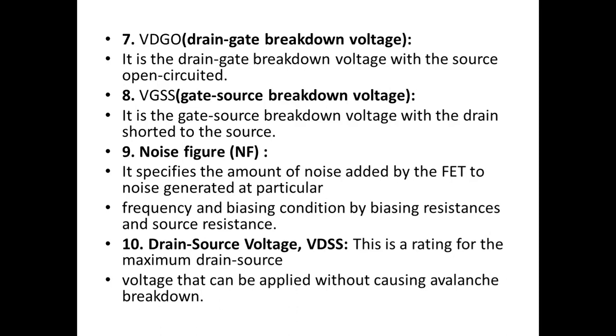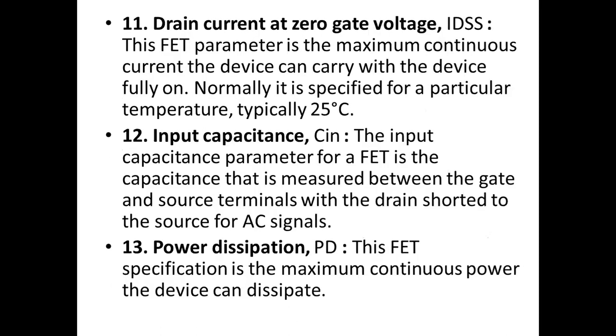This is a rating for the maximum drain source voltage that can be applied without causing avalanche breakdown. Next, drain current at zero gate voltage, that is the IDSS. The maximum continuous current the device can carry with the device fully on. Normally, it is specified for a particular temperature, typically 25 degrees centigrade.